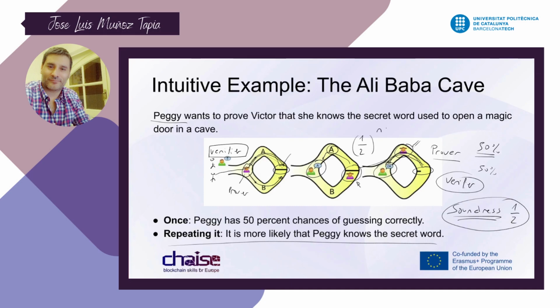If we repeat this n times, the probability that the prover, without having the key, guesses right every time is as close to 0 as we want. And as you see here, the soundness is expressed as the probability of accepting that a statement is true when it is not.